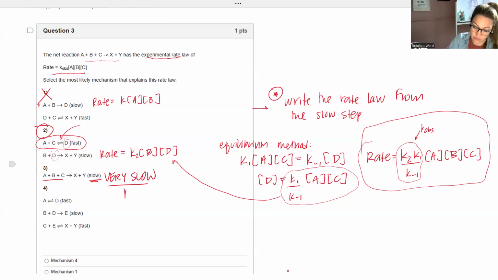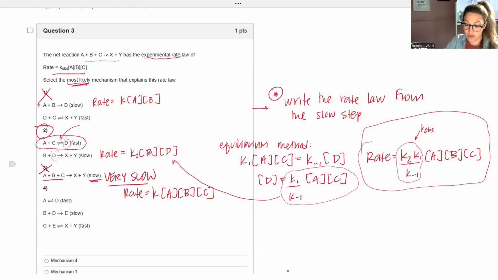But I could write a rate here, and it would be rate equals K times A times B times C, which is also consistent with what we observed. But it's unlikely, and the question says most likely. I would not consider this the most likely mechanism because it depends upon a termolecular step, and that just doesn't happen very regularly, if at all.